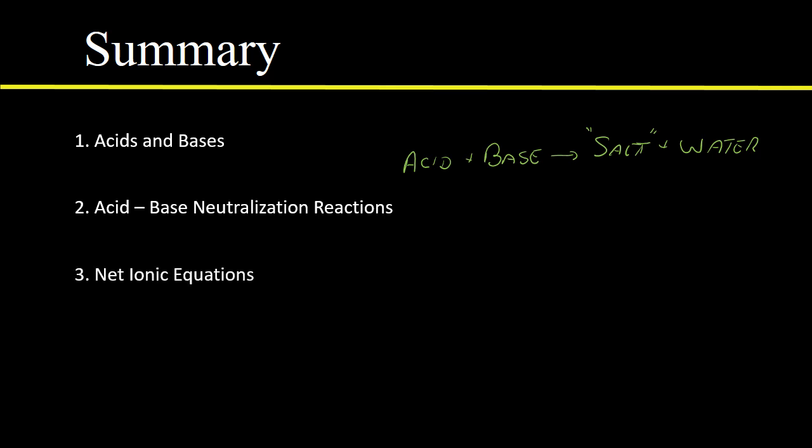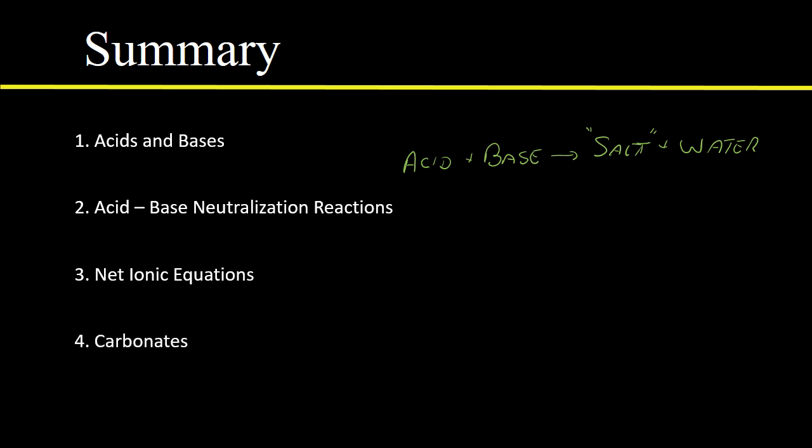Then we wrote net ionic equations for these. Again, we just followed the exact same rules that we used in the last video. Anything that's a strong electrolyte, break up into ions. Anything that is insoluble or is a non-electrolyte or a weak electrolyte, leave that together as a compound, right? Write that in its molecular form.